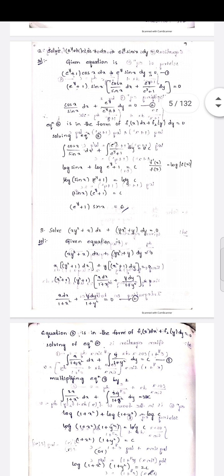This uses the formula: the integral of f'(x)/f(x) dx equals log of mod f(x).